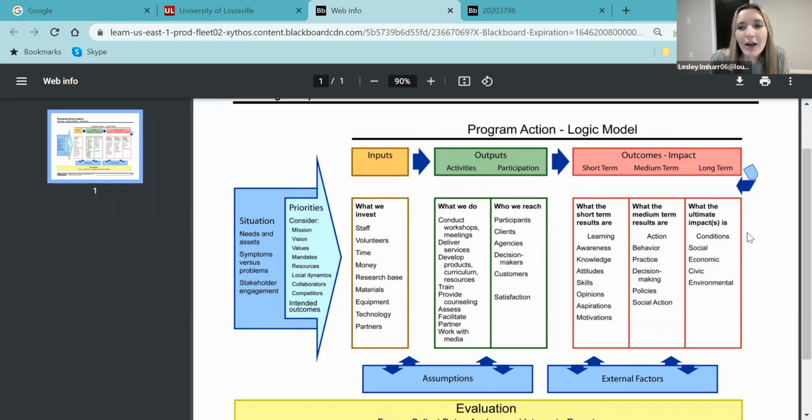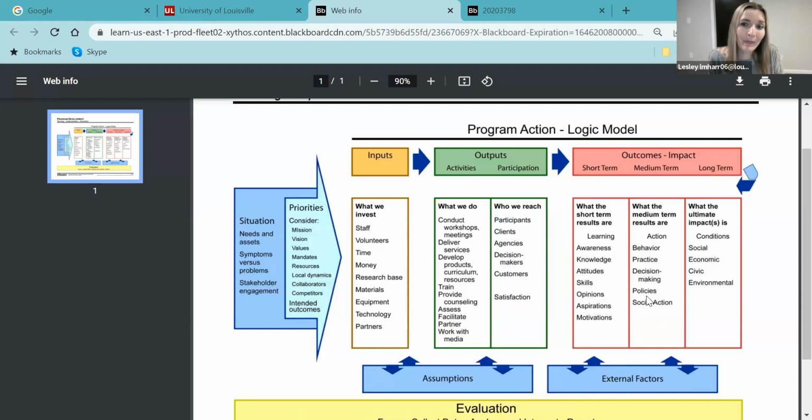And then your outcomes are really like dreaming about the future. You're thinking about, okay, what will change immediately after the implementation of this? So I like how they break this down into what's really possible short-term and long-term. Short-term could be increasing or decreasing learning, awareness, knowledge, attitude, skills, opinions.